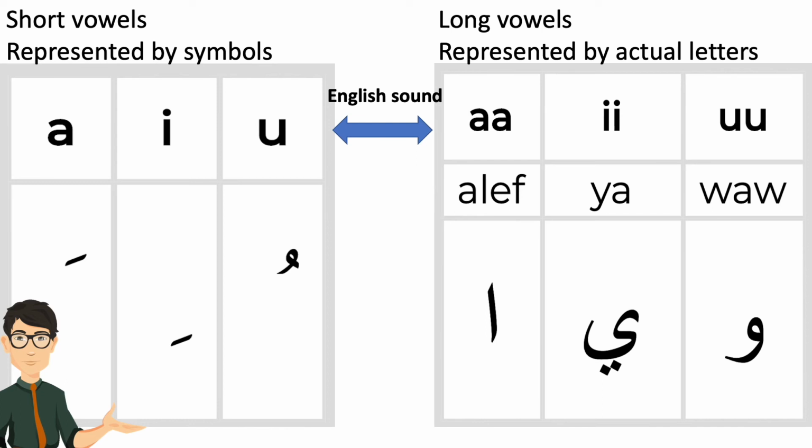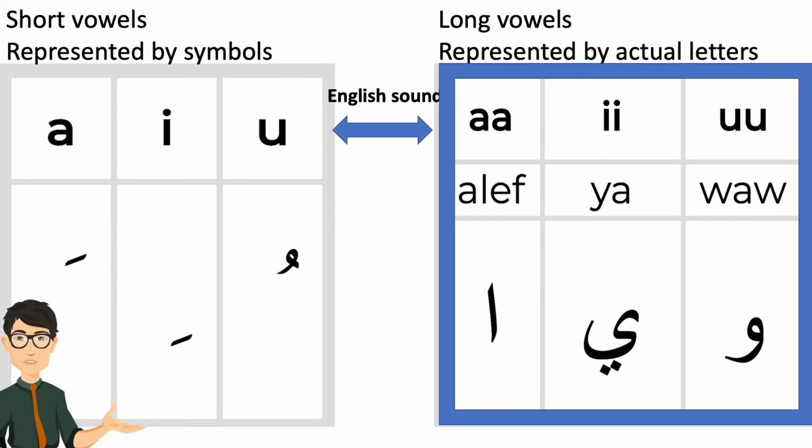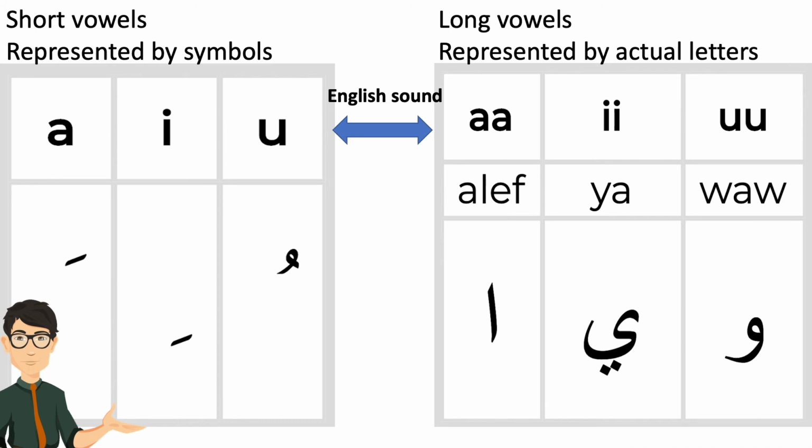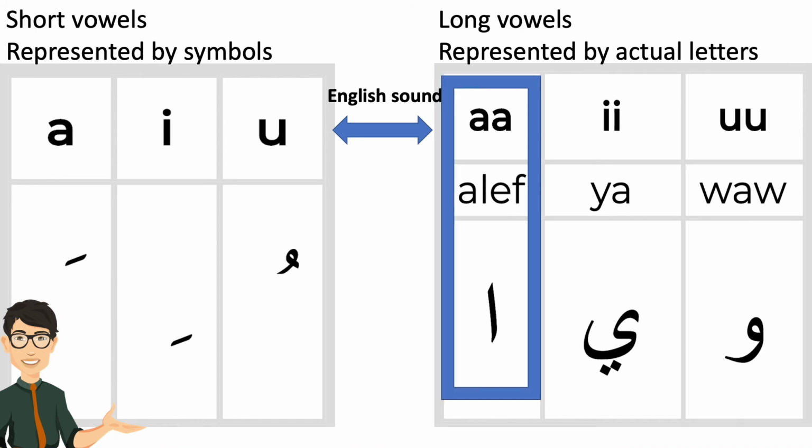Now, when it comes to the long vowels, which are represented by actual letters, in the English transliteration, we're going to be using double A, AA, to represent the long vowel A, which is written in Arabic represented by the letter Alif, which is the first letter in the Arabic alphabet.